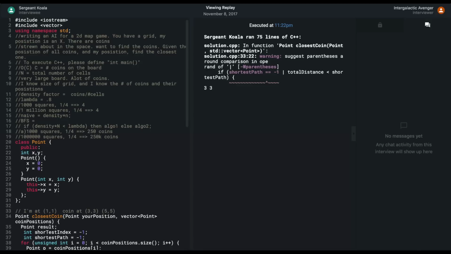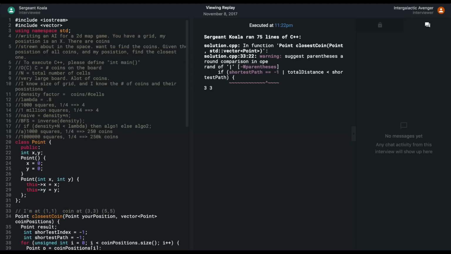The cost of BFS, I feel like it's just the inverse of the density. So like if it's 1/4, it should just be the inverse of the density. That's not a real function, but anyways. I'm sure I could figure it out. So if density times n is less than the inverse of the density, then I would choose that.